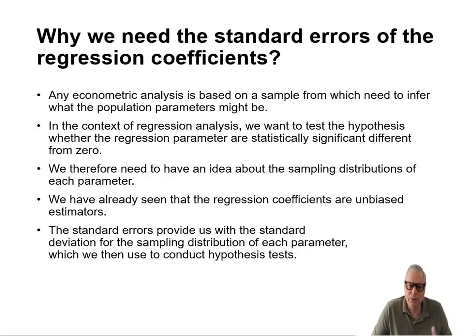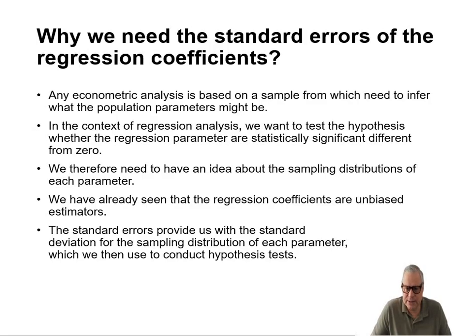So in the context of regression analysis, we want to test the hypothesis whether the regression parameters are statistically significantly different from zero. We therefore need to have an idea about the sampling distributions of each parameter.